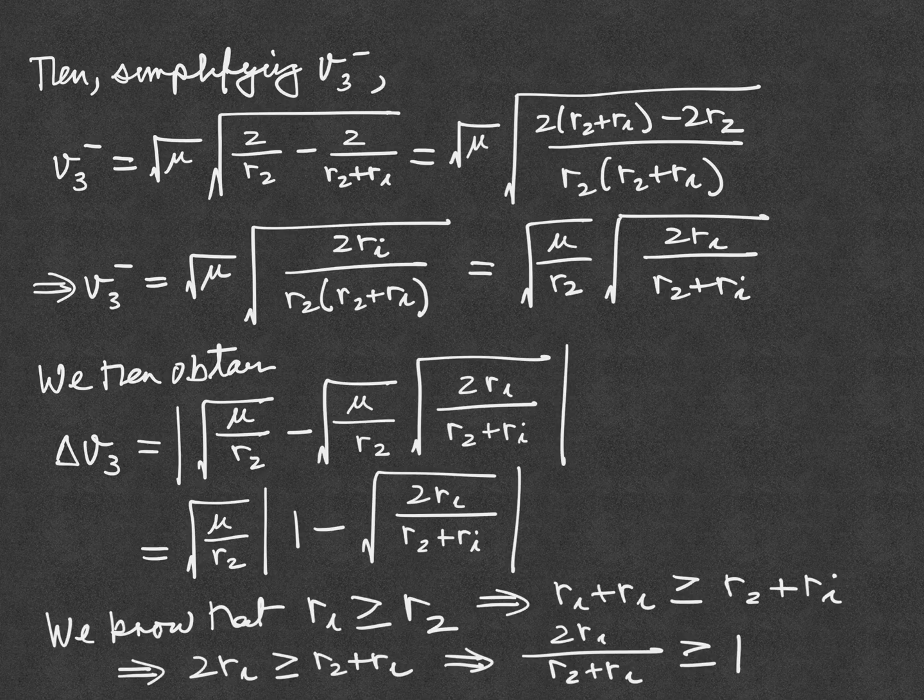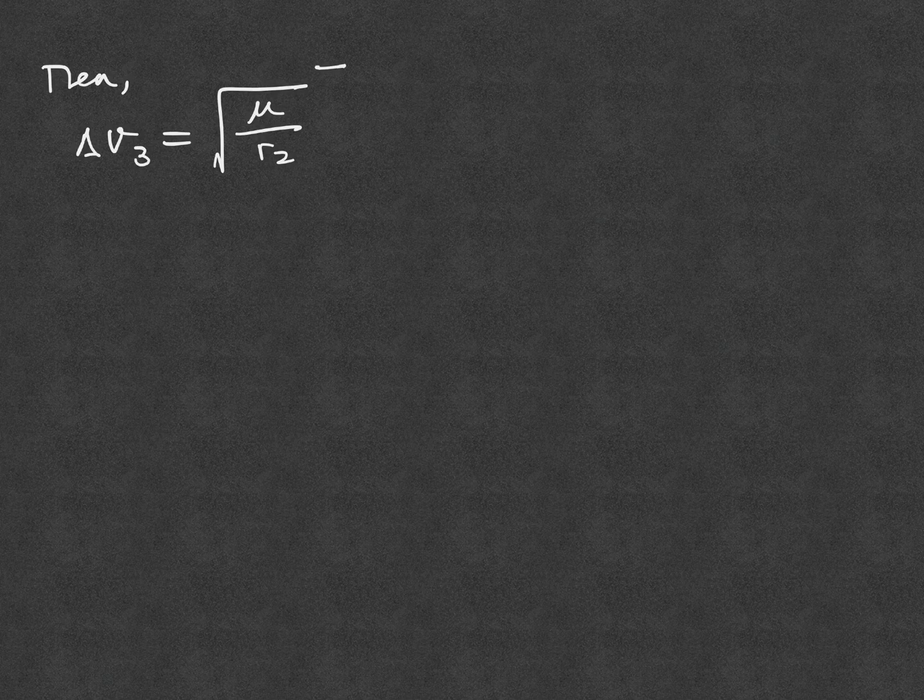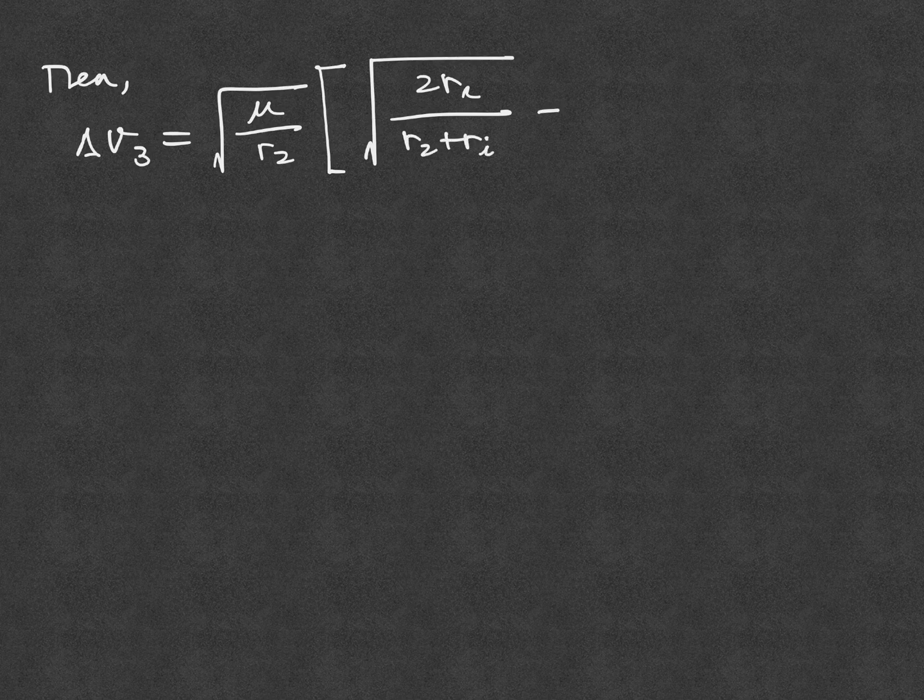So we wind up with the following result for delta V3. So then, delta V3 is equal to the square root of mu over R2 times the square root of 2Ri, all divided by R2 plus Ri minus 1.